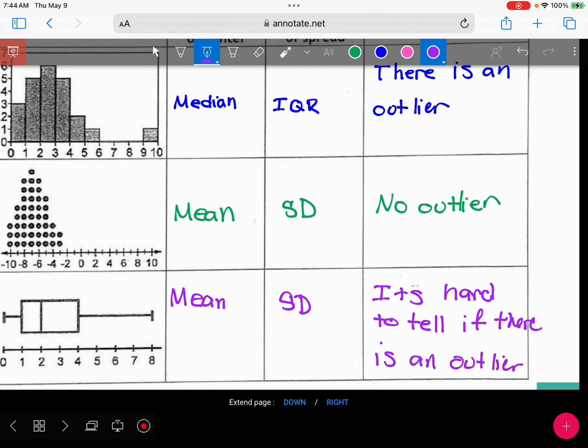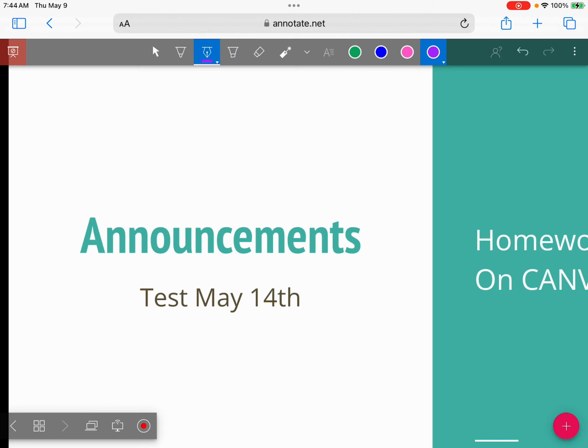There will be times when it is not hard to tell, even with a box and whisker plot. If I have one, I'm going to do it on the next page. If I have one that my box and whisker look like this, that very clearly has an outlier. Because if my box was here, it would be fairly symmetrical, but it's not.